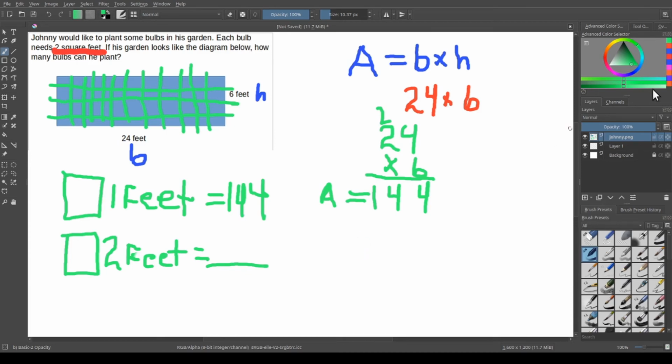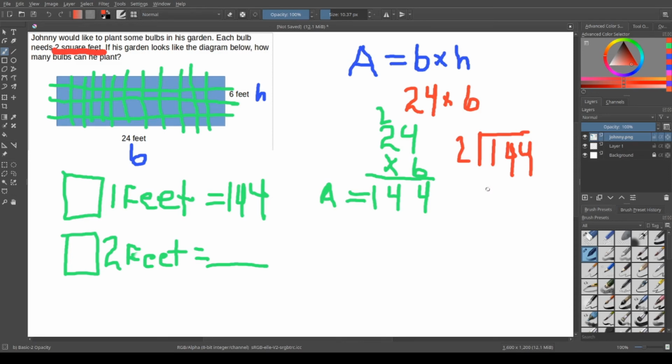Let me change my color back to blue. Or should I change it to red? I'm going to say 2, and bring it over here. 2 divided into 144. Divide by 2.